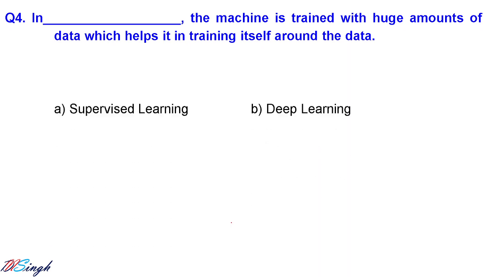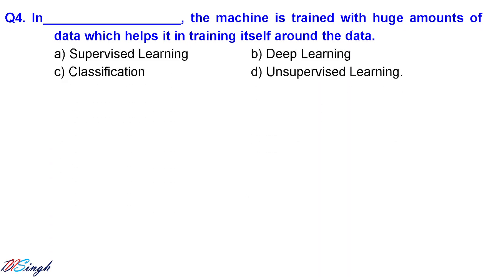Fill in the blank: ___ machine is trained with a huge amount of data, which helps in training itself around the data. So while a machine learns by itself using the data fed into the machine, that is called what? Unsupervised learning.